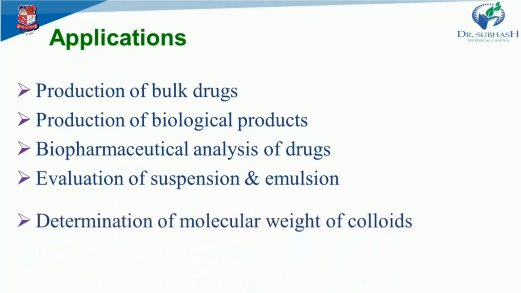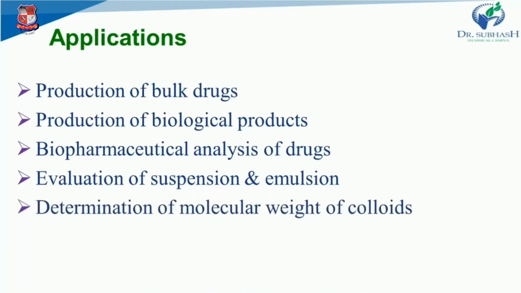Next is determination of molecular weight of colloid. Determination of molecular weight of any polymer is not possible by usual methods. Ultracentrifugation methods are used for determination of molecular weight of serum albumin, insulin, methyl cellulose. Centrifugation or ultracentrifugation is also used for ascertaining the degree of homogeneity of the sample.